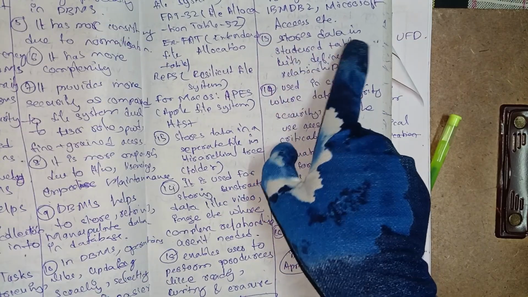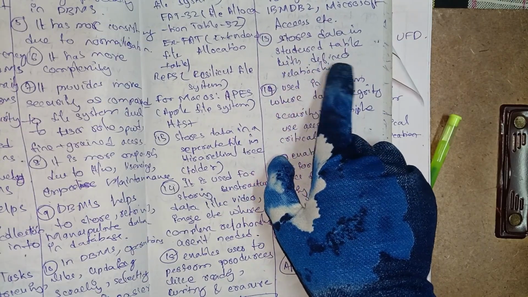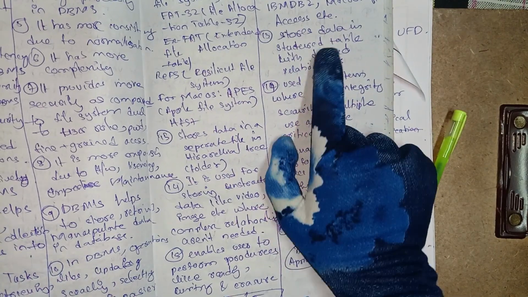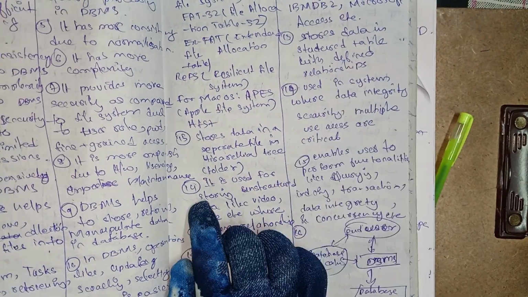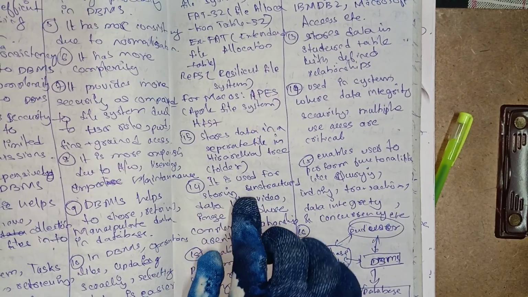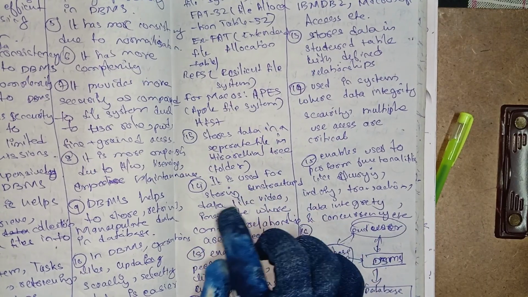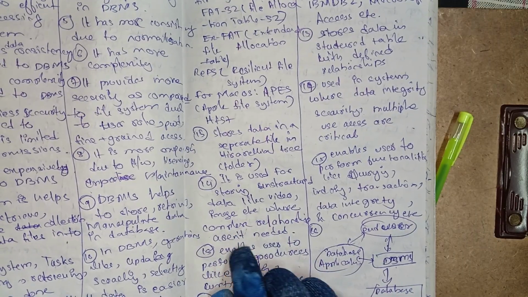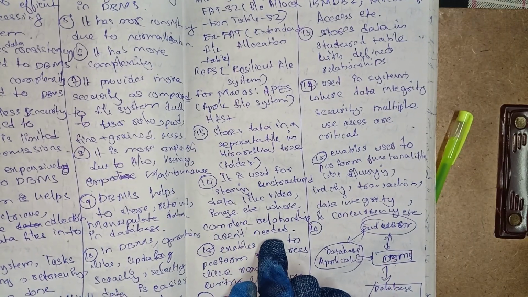And here DBMS stores data in structured tables with defined relationships. The file system is used for storing unstructured data like videos, images, etc., where complex relationships aren't needed.